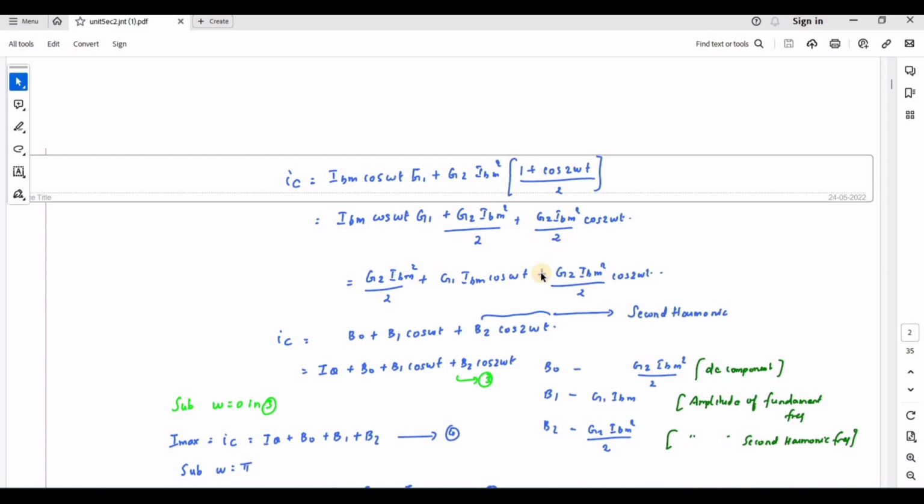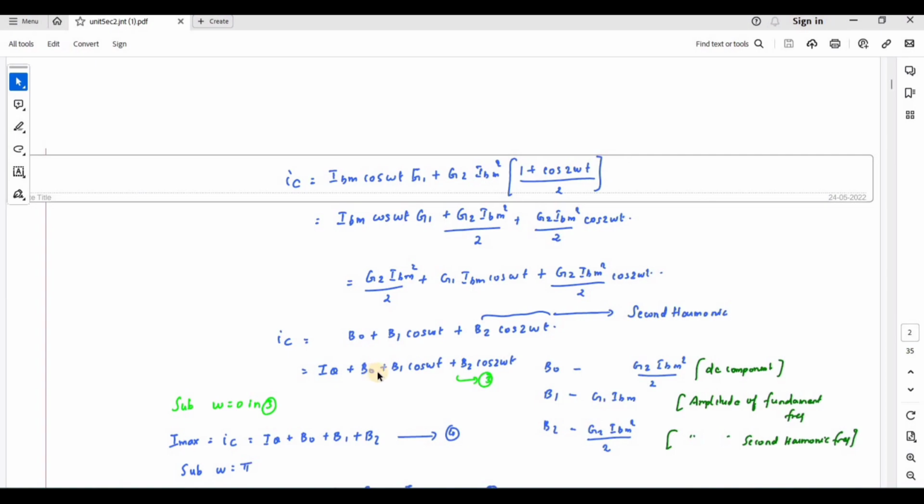So you can see IC is equal to B0 plus B1 cos omega t plus B2 cos 2 omega t. This is the total current. I can write B1 is equal to G1 IBM, B2 is equal to G2 IBM square divided by 2, and this term is nothing but B0.